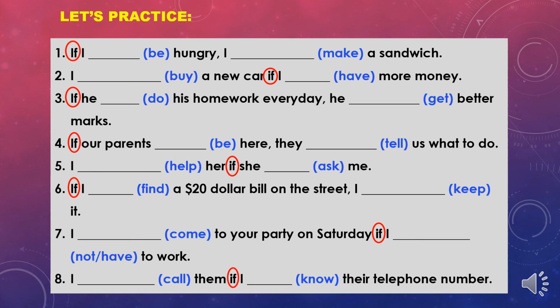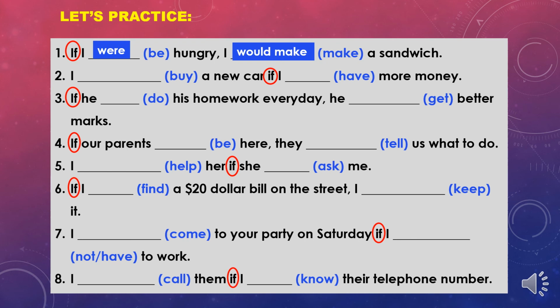So number 1, if I hungry, I a sandwich. Okay, if I were hungry, I would make a sandwich. Correct. Okay, recuerda que no puede ser I was, okay, porque estamos hablando de una condición.